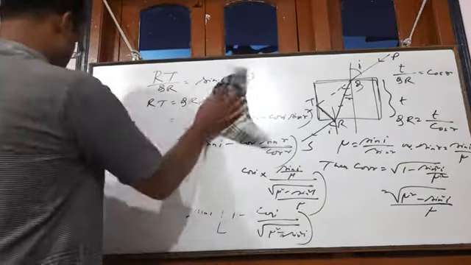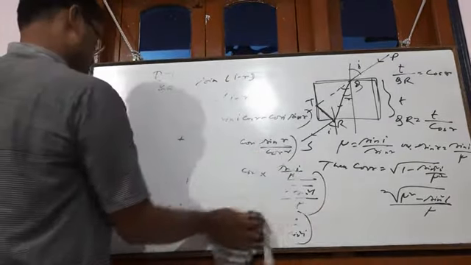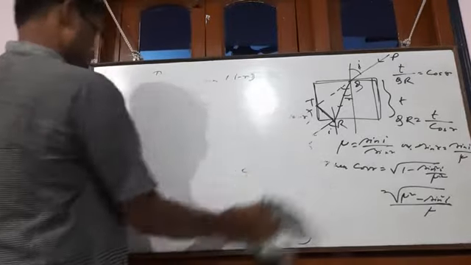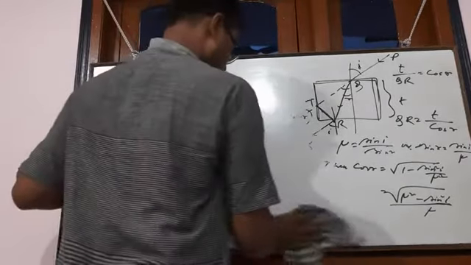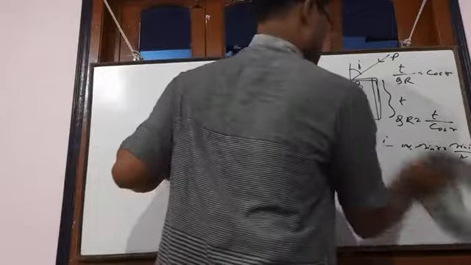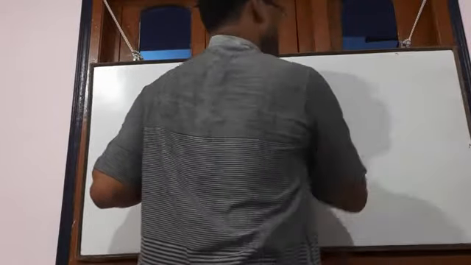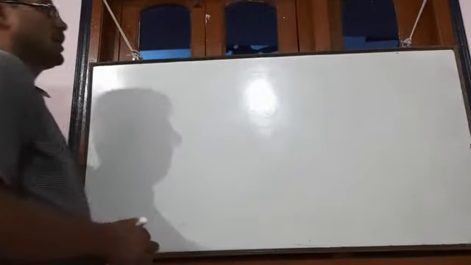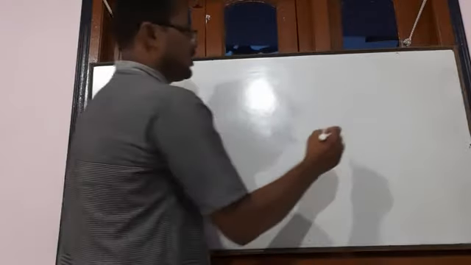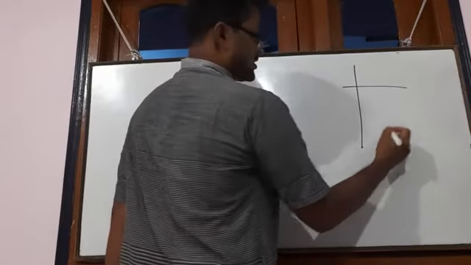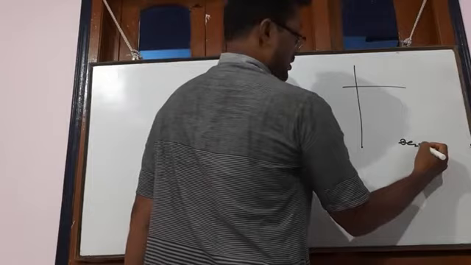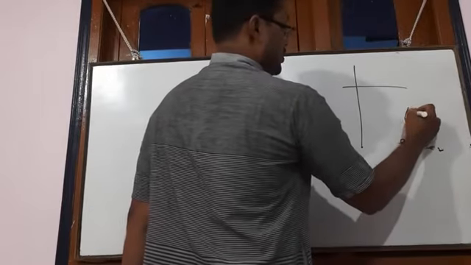Now normal shift. What is normal shift? Normal shift means, let a point object be situated in a denser medium. This is the denser medium, mu2.